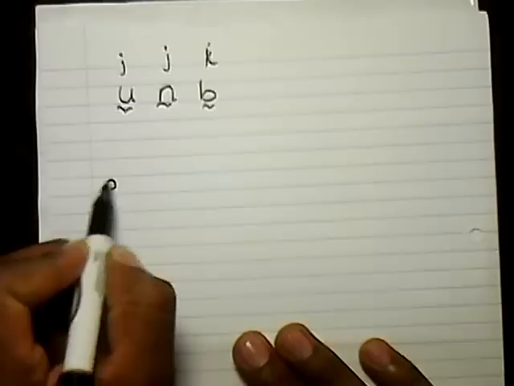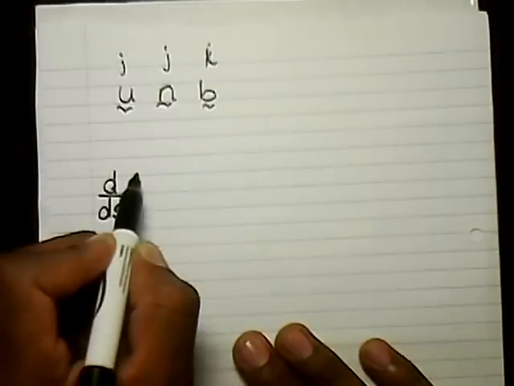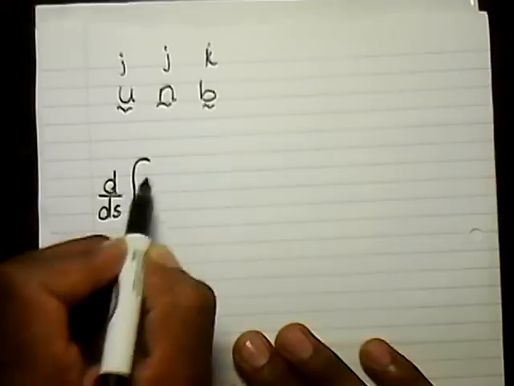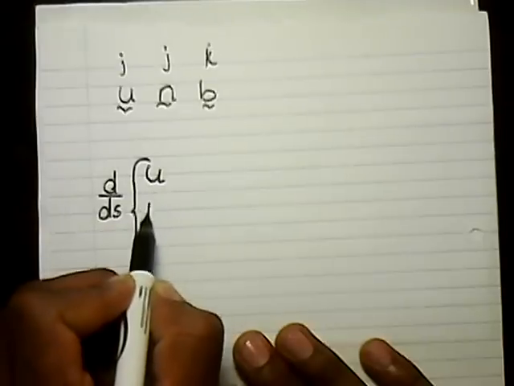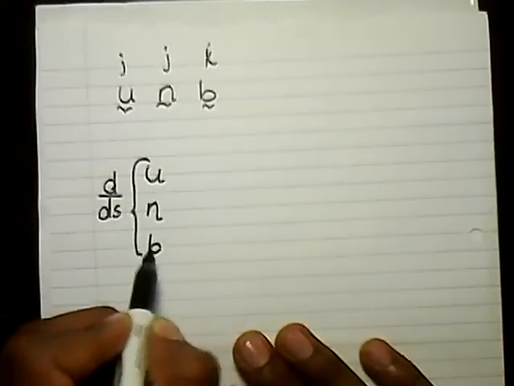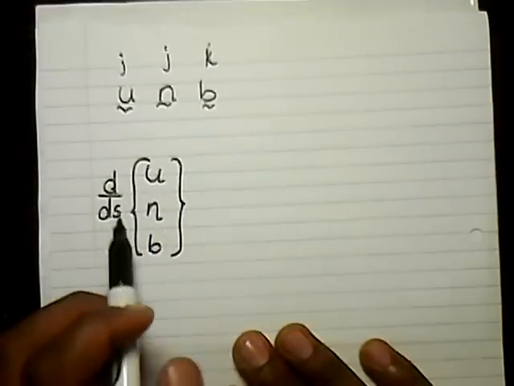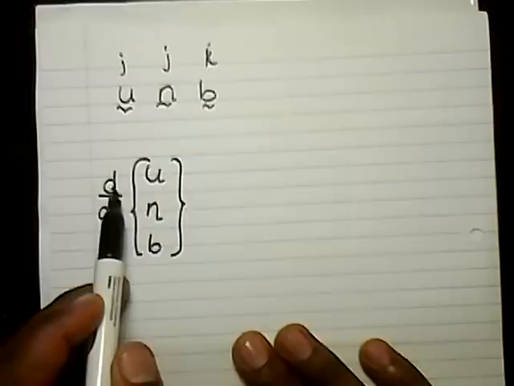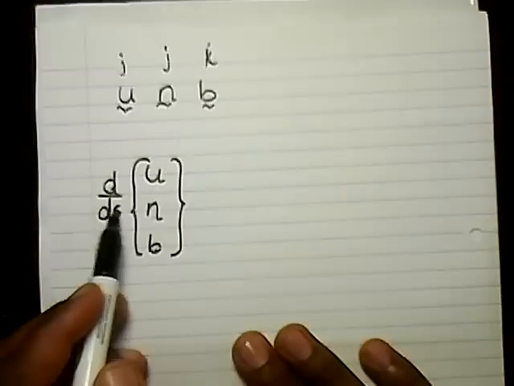I'm going to say d/ds of u, n and b. Note that this is du/ds, then dn/ds, and then db/ds.